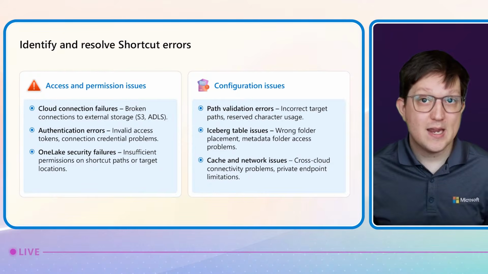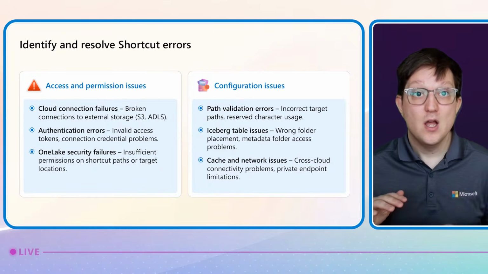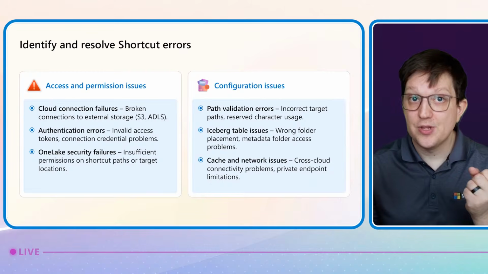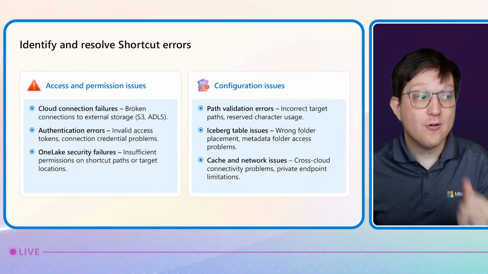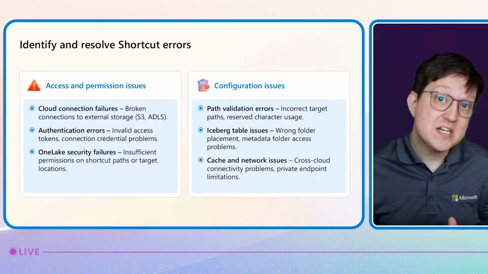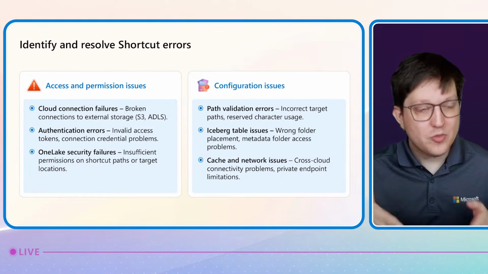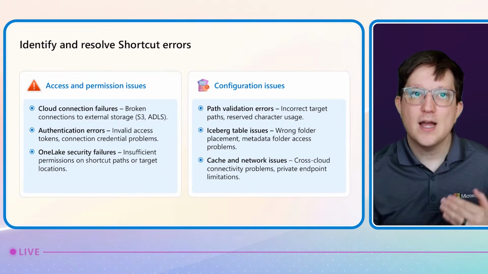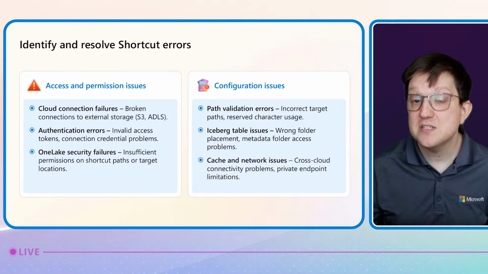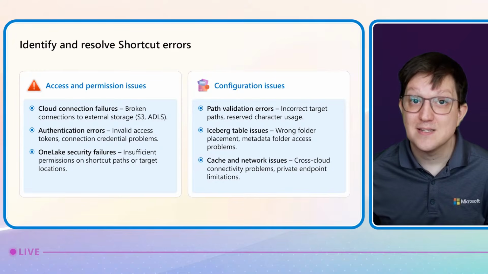Since shortcuts are spanning two different trust boundaries, the OneLake side and the external data store, just keep in mind that an error on your side might actually need to be rectified on the source side instead. Think about what the error actually means. Think about how you diagnose it and where you'd easily identify if the problem's not on your end.